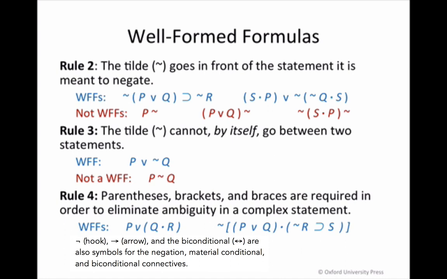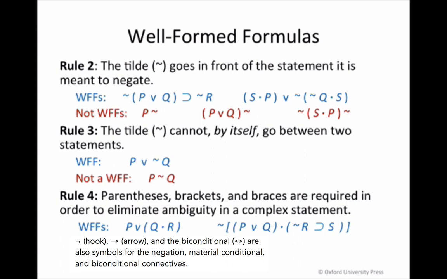If not P or Q, then not R. Notice that in the first example, the negation, the first negation, denies the disjunction. The second negation denies the simple sentence R. Now take a look at the second example in blue. Either both S and P are the case, or not both, not Q and S is the case.